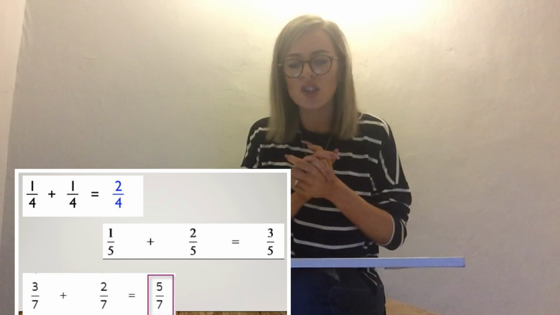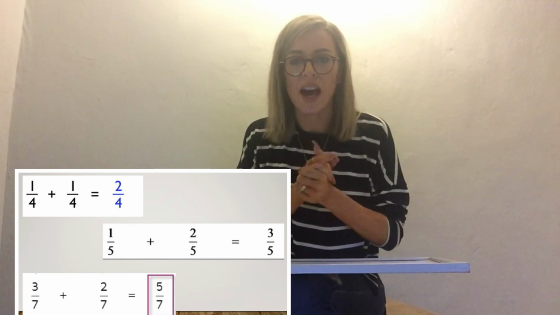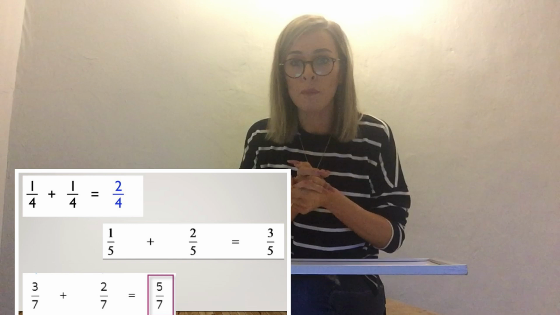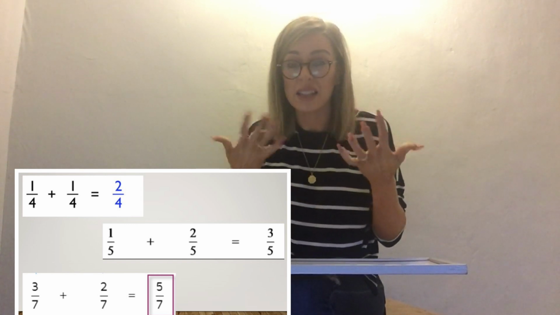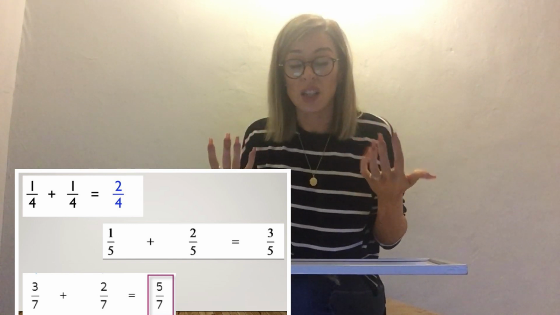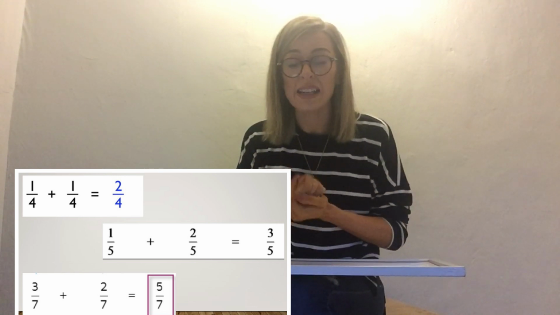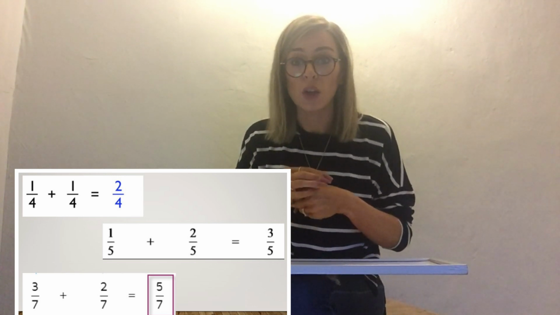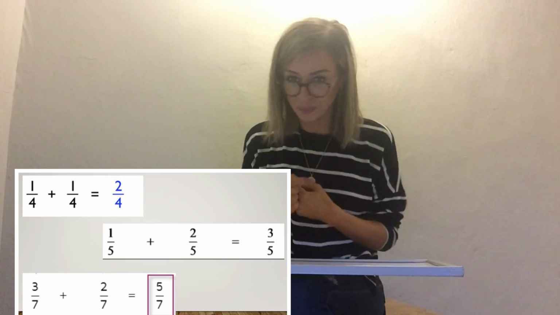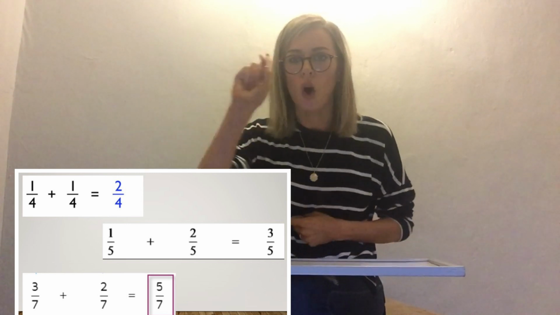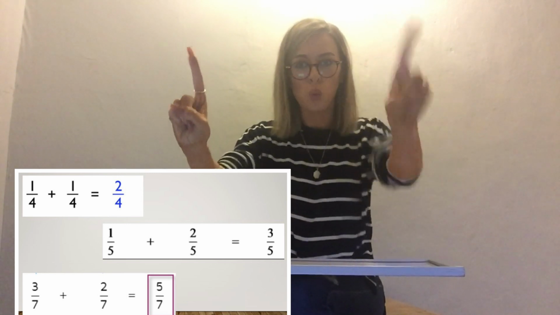So the first question there is 1/4 add 1/4. And remember, usually there's a 4 on the bottom and lots of children like to call it a 4th. But the correct mathematical term we use is a quarter. So here I go. I've got 1 finger and 1 finger.